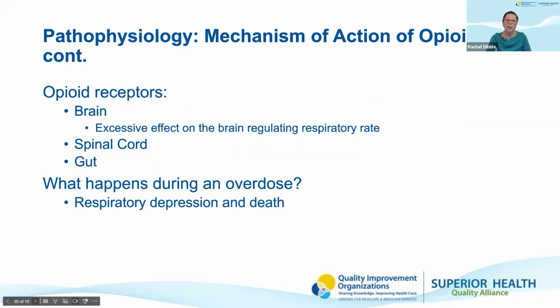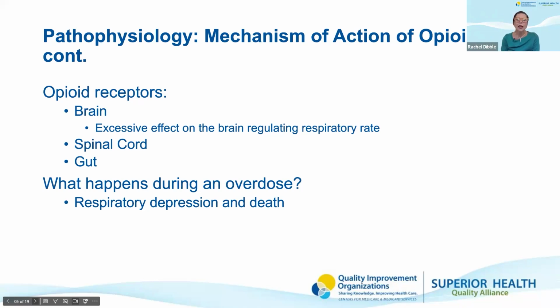So, pathophysiology and mechanisms of action continued. The opioid receptors are in your brain, so there's an excessive effect on the brain regulating respiratory rate. Key word: other than what I just talked about, I'm now worried about respiratory rate, because all of that happens within your brain to tell your body to breathe. They're also located in your spinal cord and in your gut.